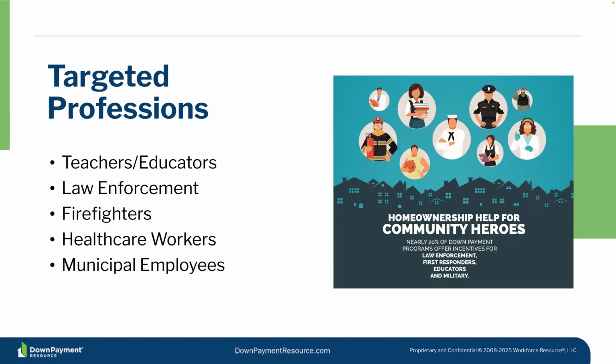Now, the idea behind these programs is to enable homeownership among local core service providers. And many of these programs have very broad definitions of terms like educator to include not just classroom teachers, but expanded to public school system employees at large, like paraprofessionals, librarians, school nurses, or the term protectors could include police officers, but also sheriff's deputies, corrections, and probation officers.